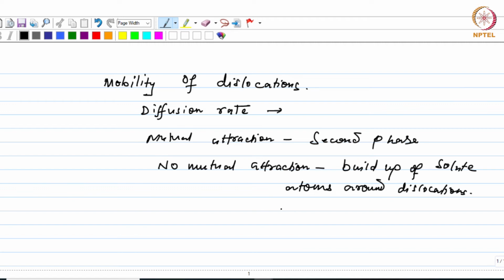This concentration is higher than the surrounding lattice, and this excess of solid atoms associated with a dislocation is known as an atmosphere. So the mobility of dislocations that we talked about is basically the movement of dislocations along with its atmosphere.